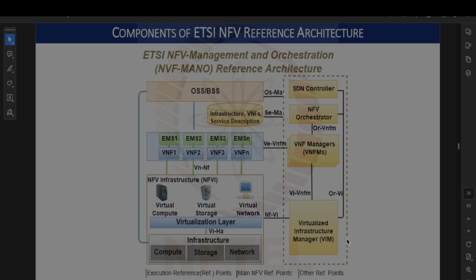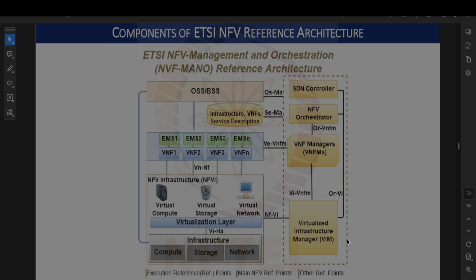In this architecture, there is one more component called EMS: EMS1, EMS2, EMS3, EMS4, which communicate with the VNFs. Then on the management side, there are multiple components.